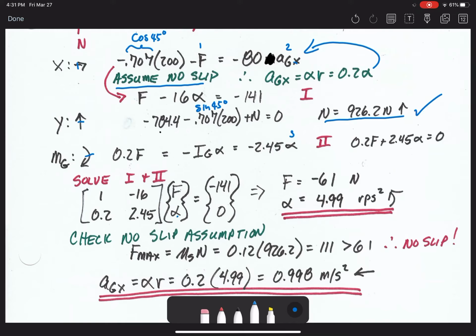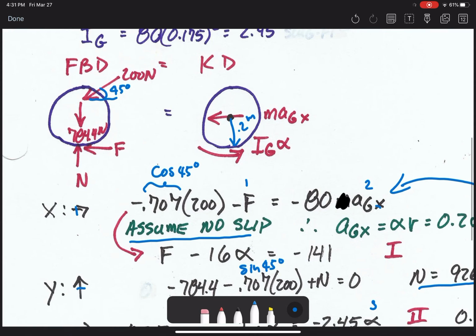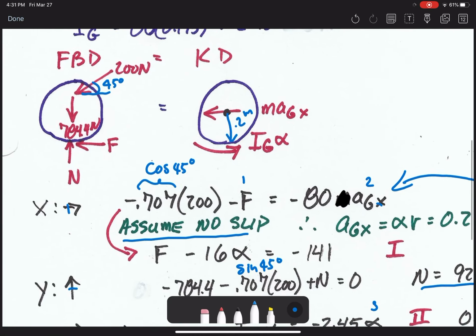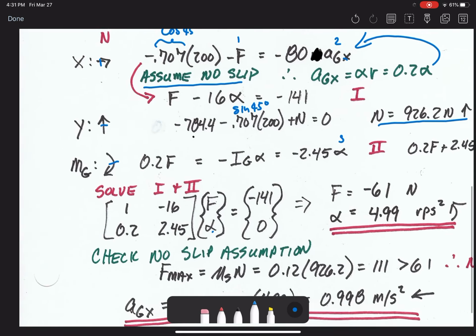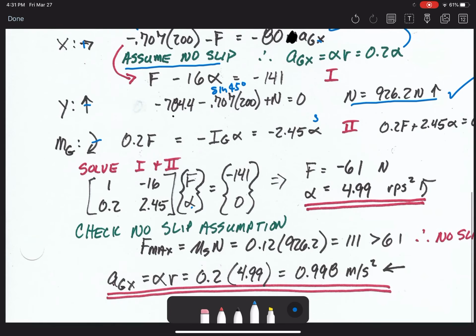From that you can find F equal to negative. Negative means it is opposite to your assumed direction. We assumed it goes to the left, so it actually goes to the right. Okay, and we assumed a no-slip wheel, so you have to check your assumption.